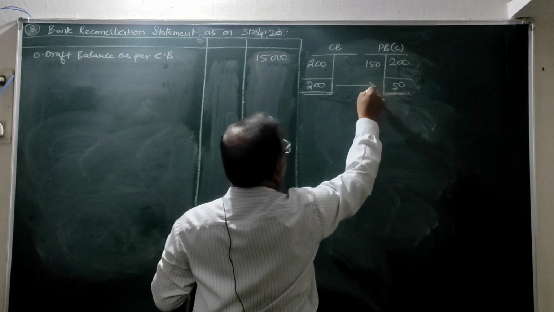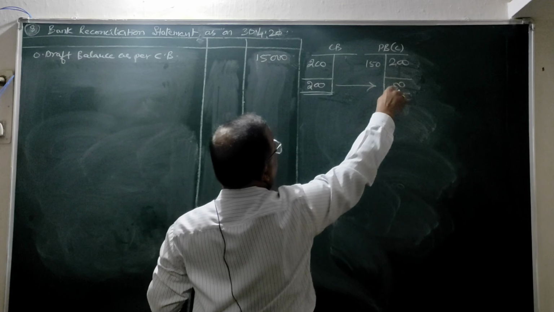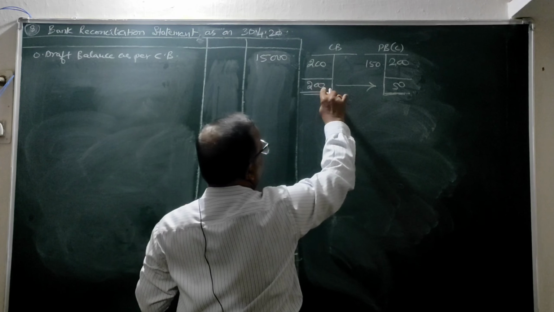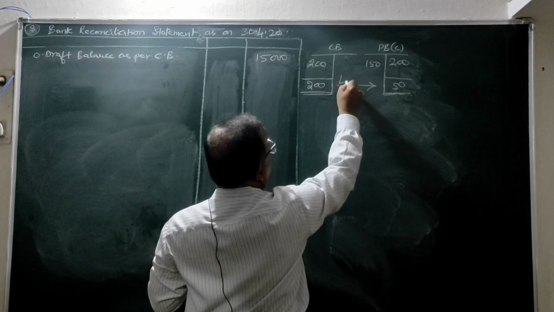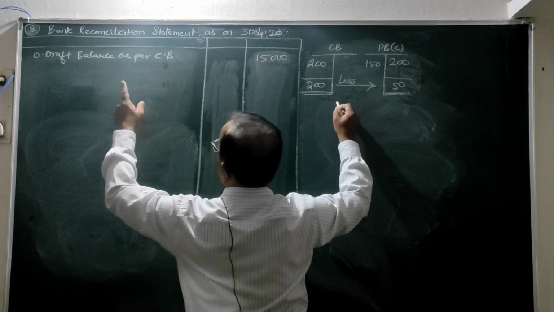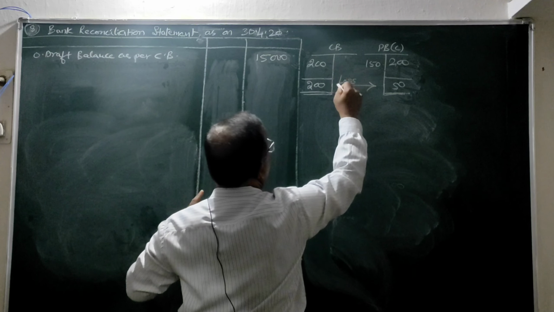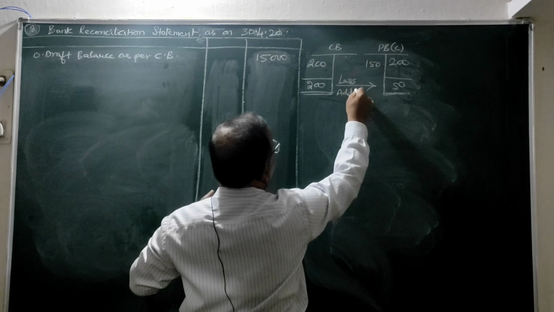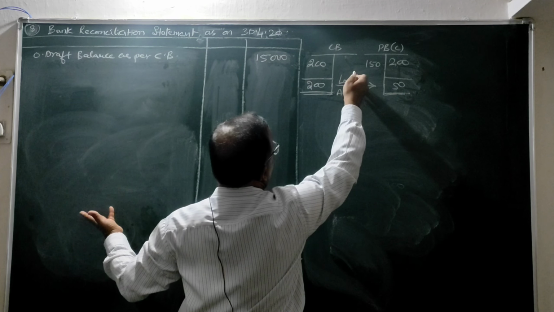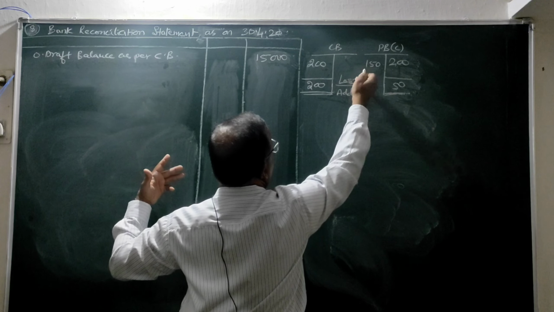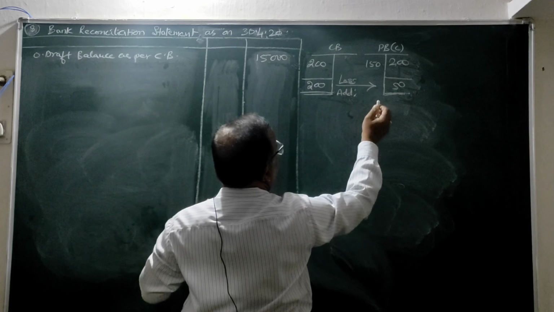We will point our arrow mark towards the constant side, because this is kept constant. This amount will not change. This 200 should be converted to 50. So to this 200, what should we do? From this we should subtract. Since this is an overdraft problem, we should do the opposite, so add. If it were a favorable balance problem, you would have taken it as less. Since it is overdraft, we do the opposite.